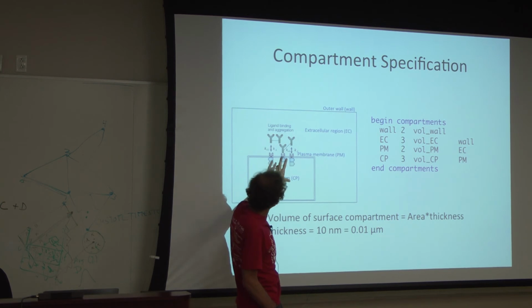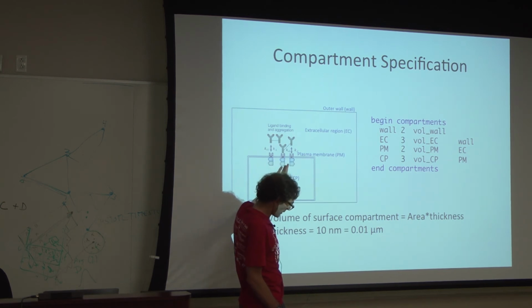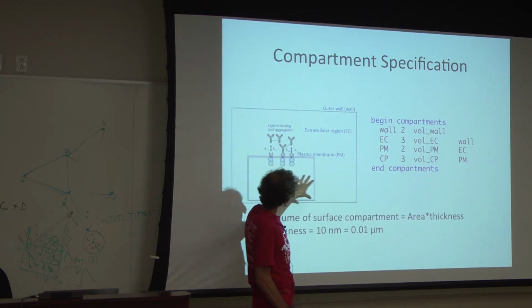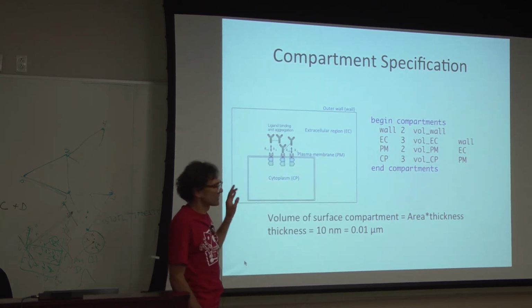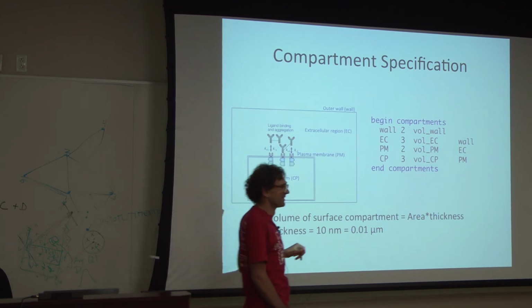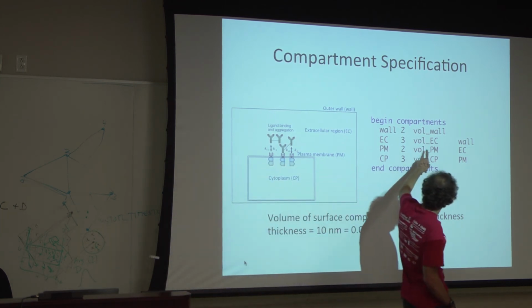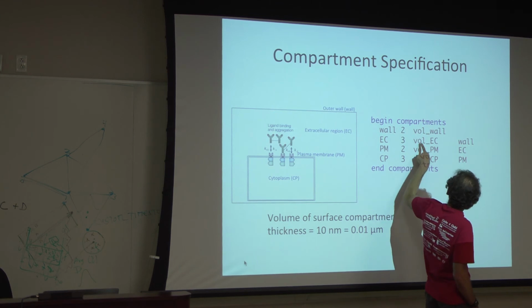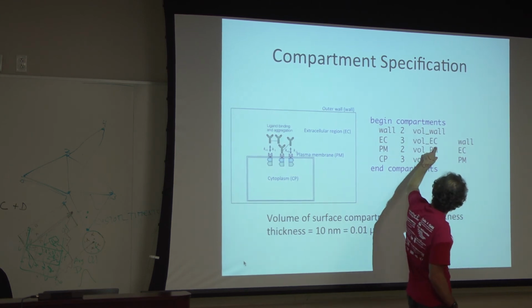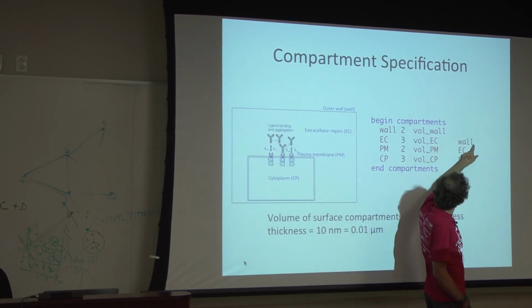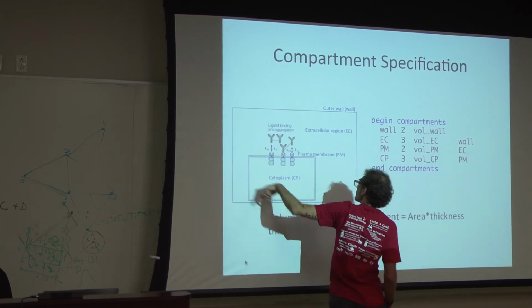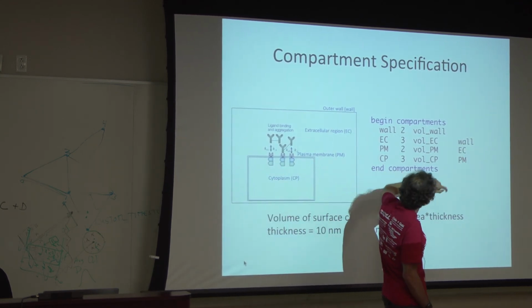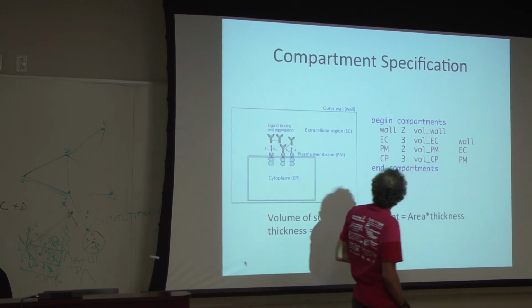Often when we do this conversion, when we're taking a model that we're going to represent in Virtual Cell, we'll simulate only a small portion of an entire cell, because otherwise the simulations would be lengthy. But okay, so we have this extracellular volume that could be 1 over cell density, and its containing compartment is the wall.